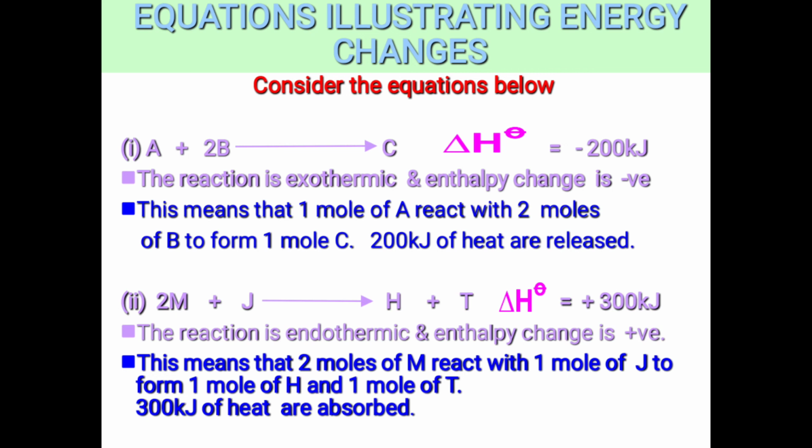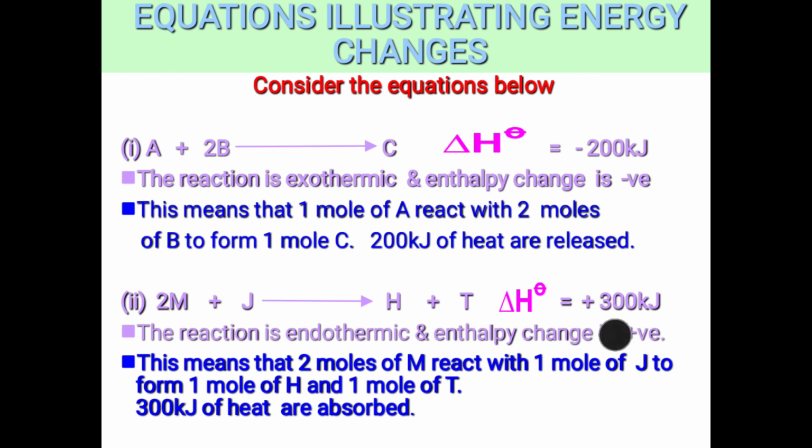Let's look at equation 2. Equation 2 has reactants M and J. Now, we have 2 moles of M reacting with 1 mole of J, forming 1 mole of H and 1 mole of T. And the ΔH here is positive 300 kilojoules. The reaction here is endothermic and the enthalpy change is positive.